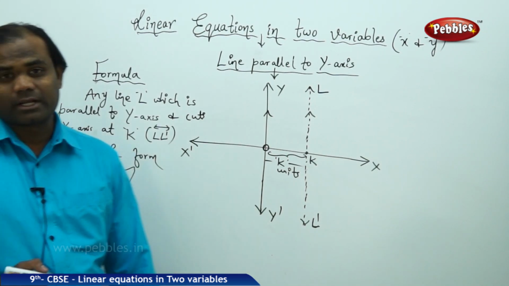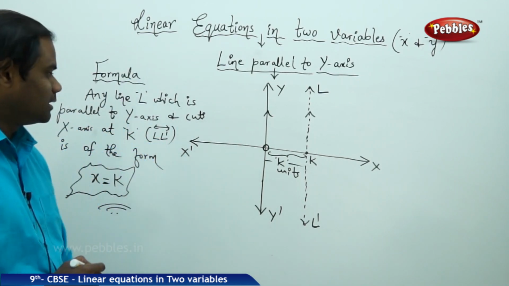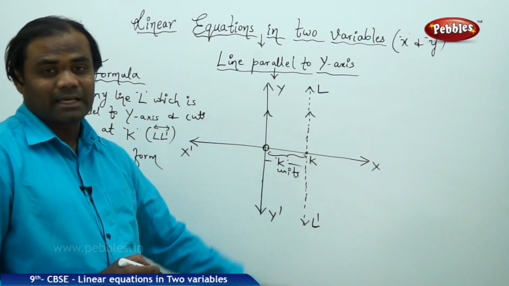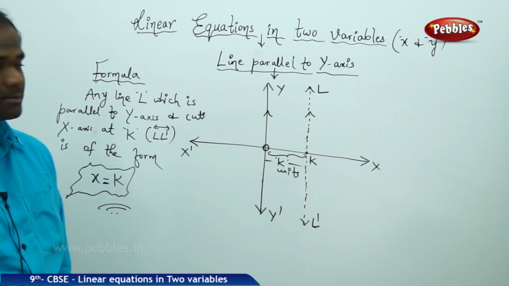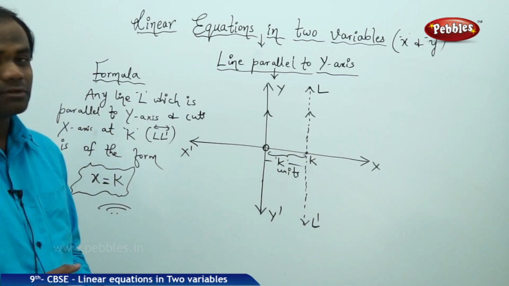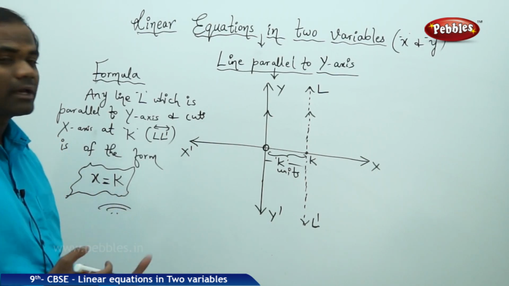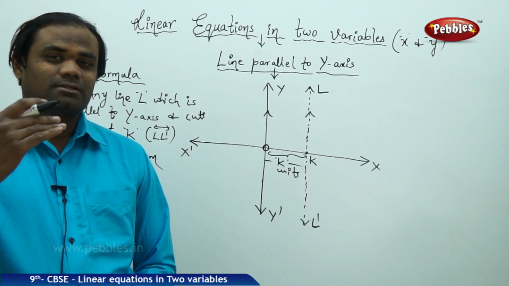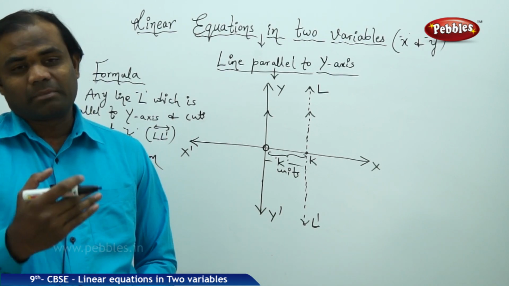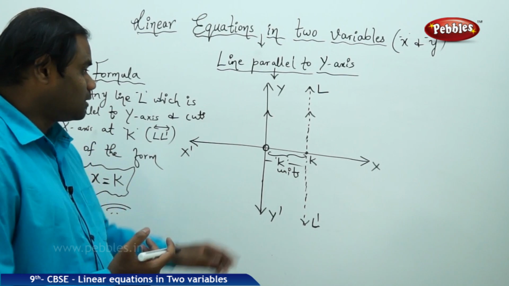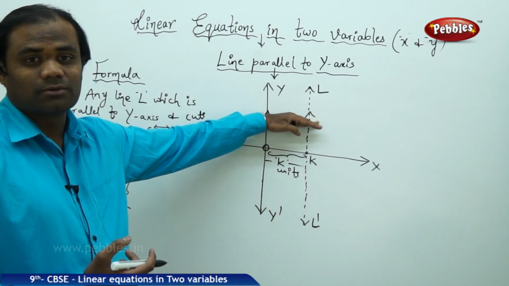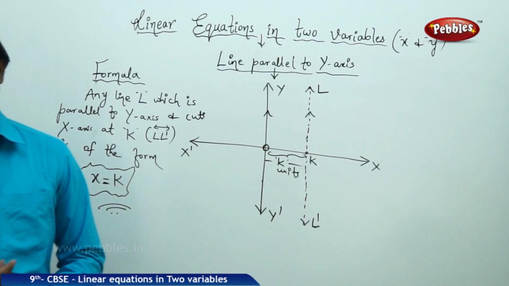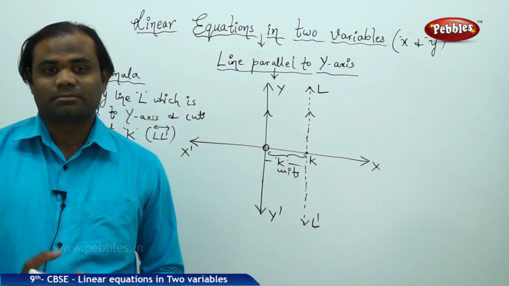Any line parallel to y-axis and cutting x-axis at k, that is when the x-intercept is k, then the equation of the line L is of the form x equals k. Line parallel to x-axis, y equal to k. Line parallel to y-axis, x equal to k.